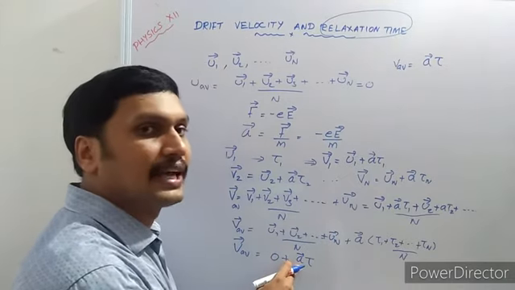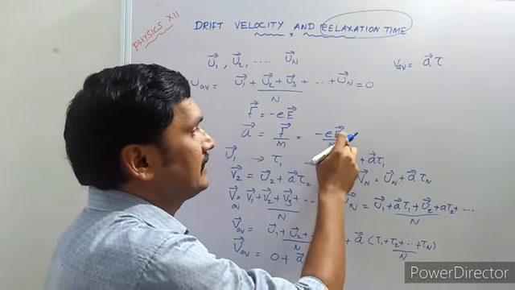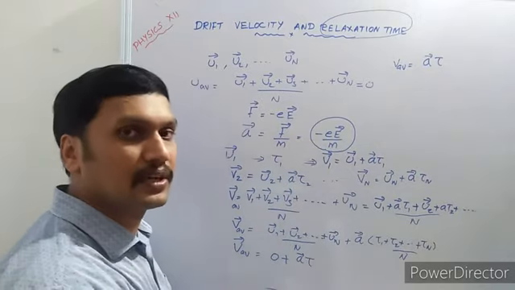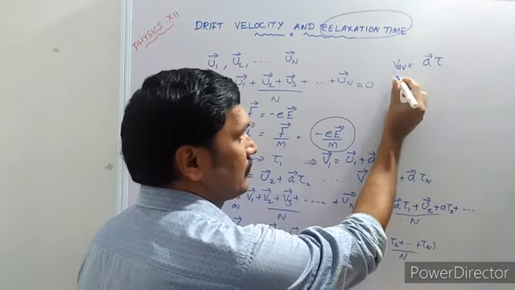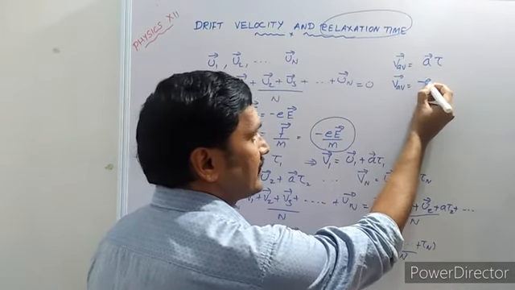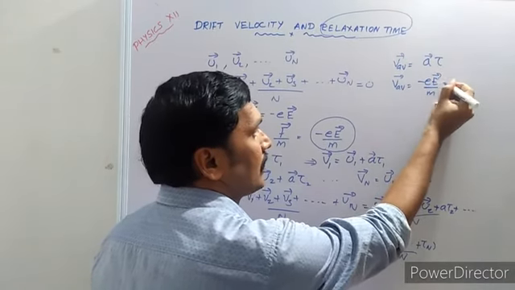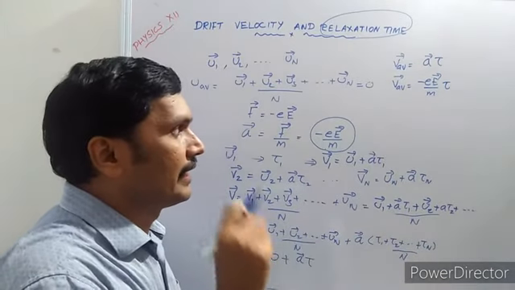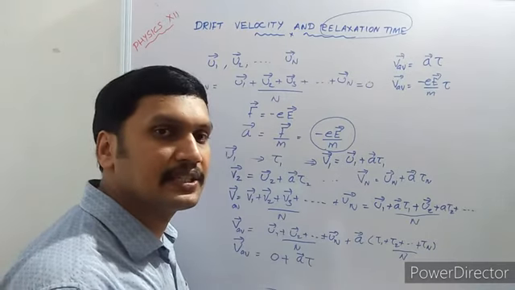Substitute for acceleration. Acceleration is equal to minus E by m. So substituting, the average velocity V average is equal to minus E by m into relaxation time.